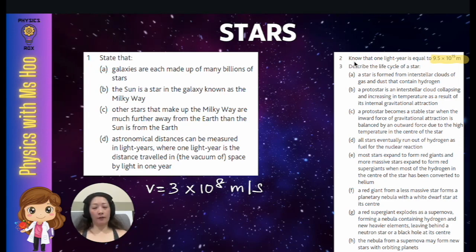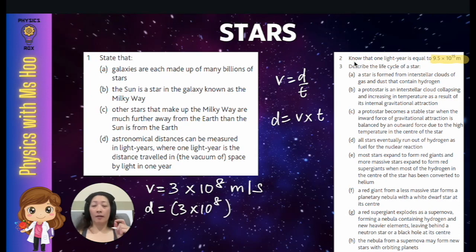Using the formula of speed equals distance over time, so I'm just going to write that here. You can calculate the distance as speed times time. So if you want to calculate the distance, you just need to take the speed of light, which is 3 times 10 to the power of 8, and multiply it with the value of 1 year in seconds.